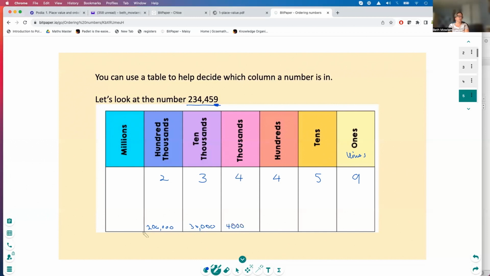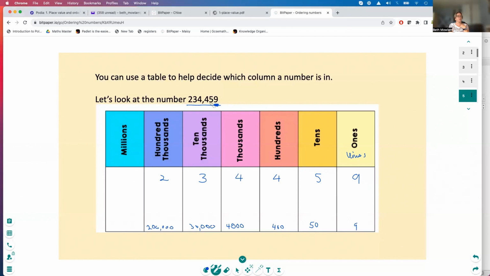So in total, in thousands, I've got 234,000. Then I've got 459. So this one would be 234,459.